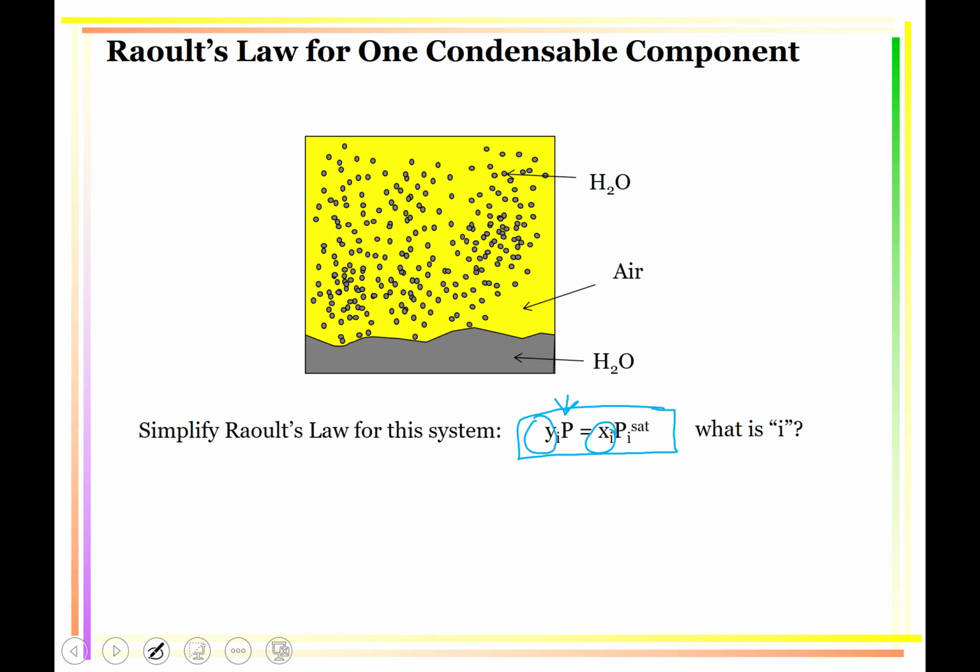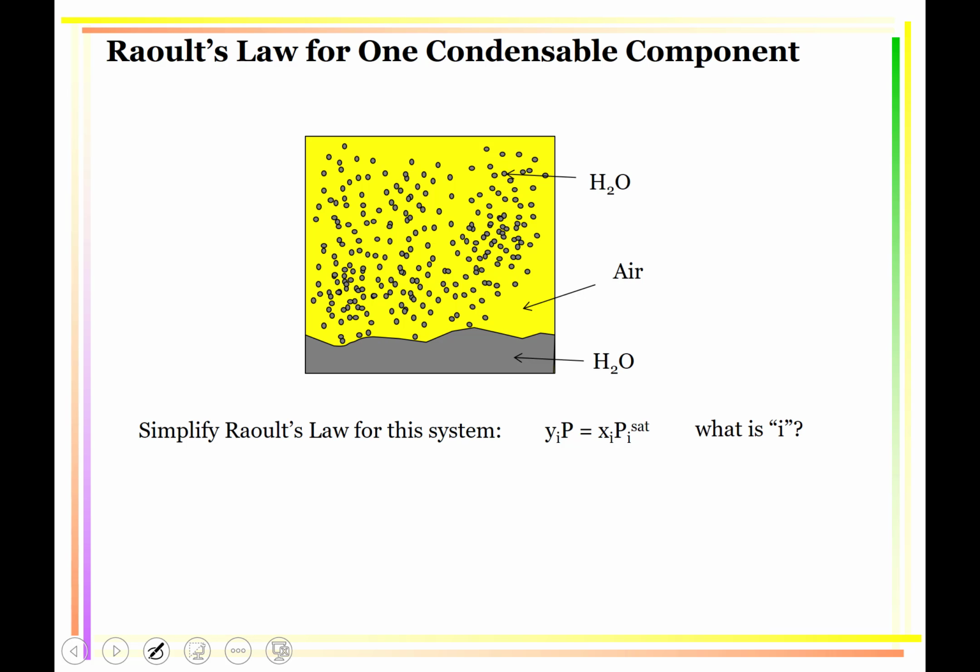P is the system pressure, the total pressure, and this is the vapor pressure of the water. Now if we have this system, we have water in the liquid phase, and we have air and water in the vapor phase.